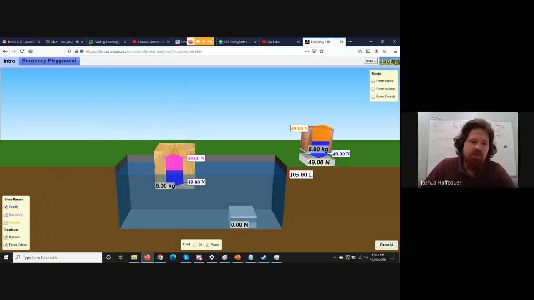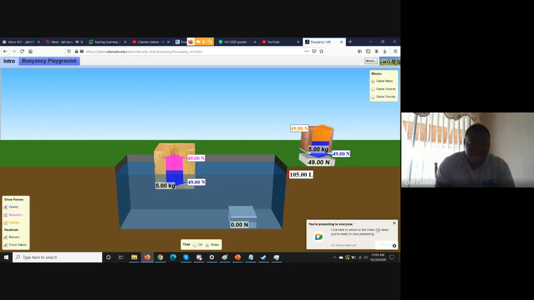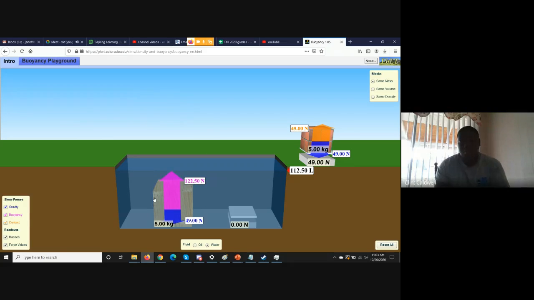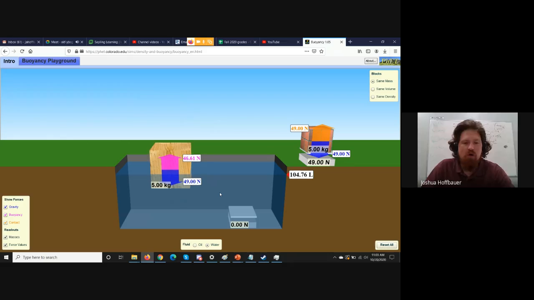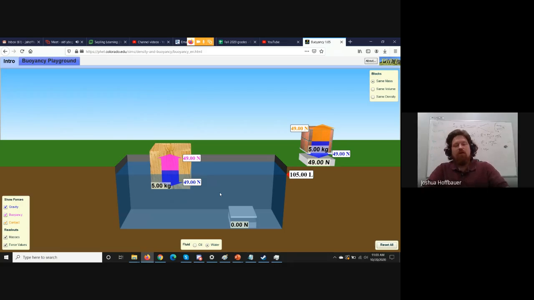So in the simulator, you can turn these arrows on to show you what the force values present are. So basically, my answer would be that they're the same value. Yes. The forces are equal. Right. For anything to float, the forces have to be equal. Yes.